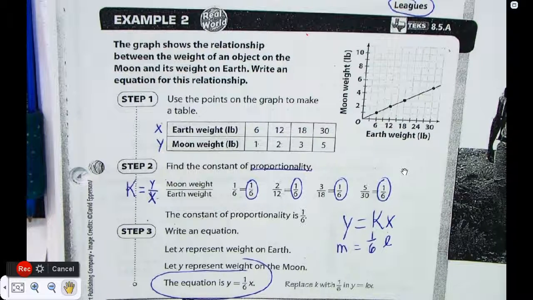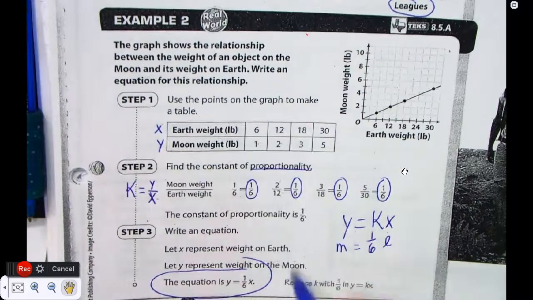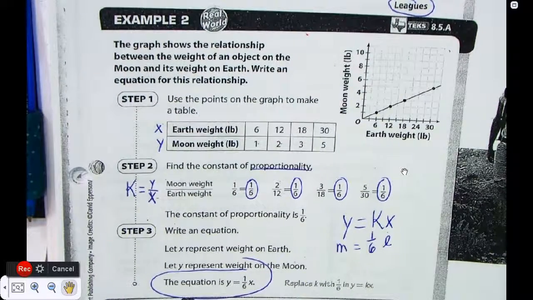Well, it has a constant. It has a unit rate. It's linear, guys. It's linear because it has a constant of proportionality and a unit rate. You're right. But if I'm just looking at it, all I'm doing is saying, oh, it goes through 0, 0, and it's linear. Because it goes through 0, 0, and it's linear, I know it has a constant of proportionality.